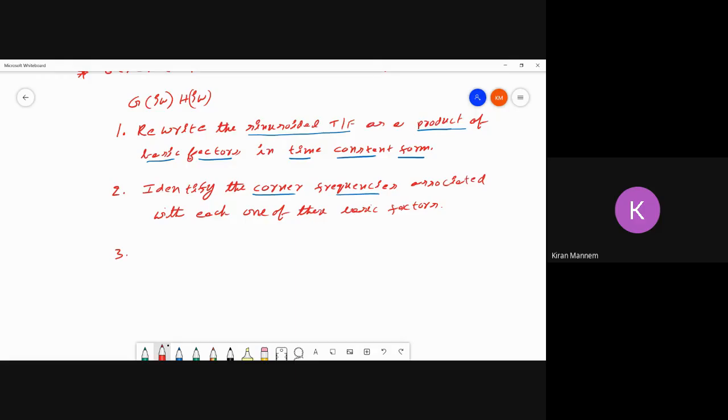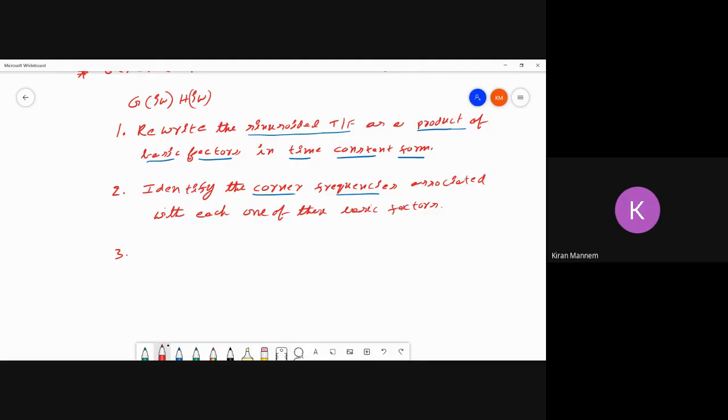So knowing the corner frequencies, draw the asymptotic magnitude plot. This plot consists of straight line segments with line slope changing at each corner frequency by plus 20 dB per decade for a zero and minus 20 dB per decade for a pole, and also plus or minus 20 m dB per decade for zero or pole of multiplicity m.